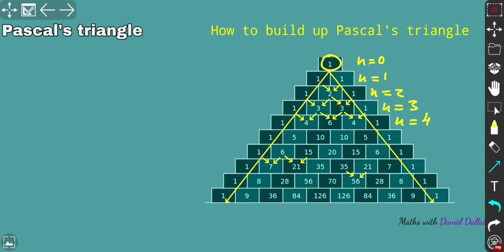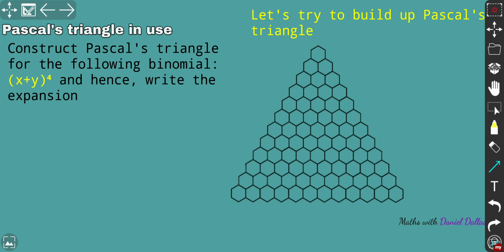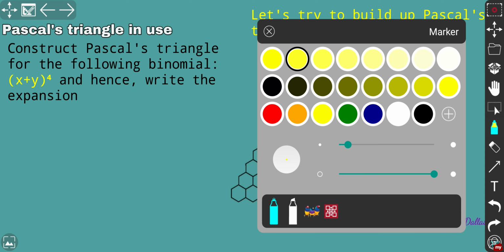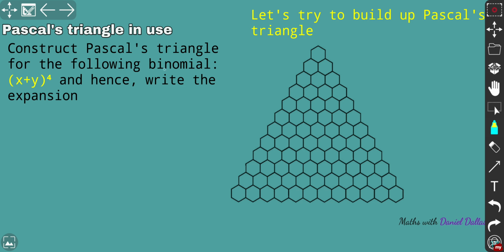So let's try to have a little practice, yeah? Construct the Pascal triangle for the following binomial. Let's try to work it out. It's pretty easy, okay? This is level 4, so I just mark level 0, 1, 2, 3, and 4. That's our target level.